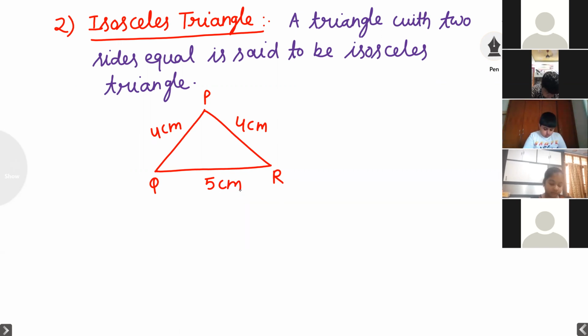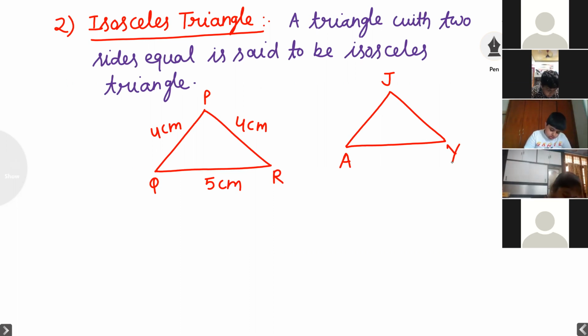Second figure I am drawing, students, concentrate here. This triangle has sides 2 centimeter, 2 centimeter, 5 centimeter.